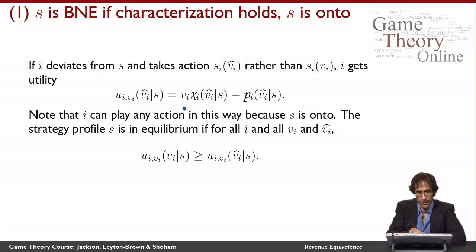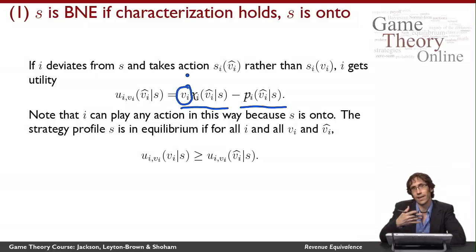And so what is that expected utility? Well, it's the utility that he gets from getting the good minus the payment that he has to make. So what is the utility that he gets from consuming the good? Here I use his real valuation, because if he actually gets the good, he values it according to his real valuation, not according to the lie that he told.